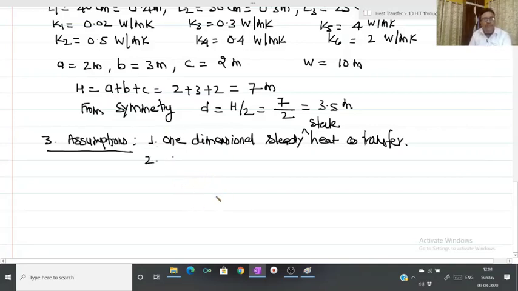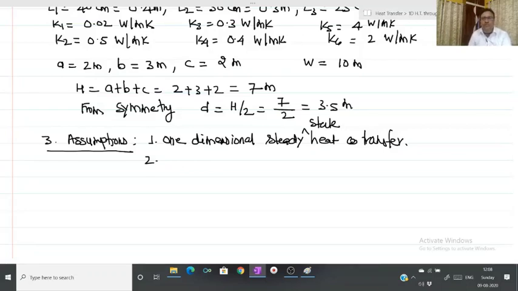Number two, the composite wall is made up of different materials which are in contact with each other. If that contact is not perfect, thermal contact resistance may come into the picture.